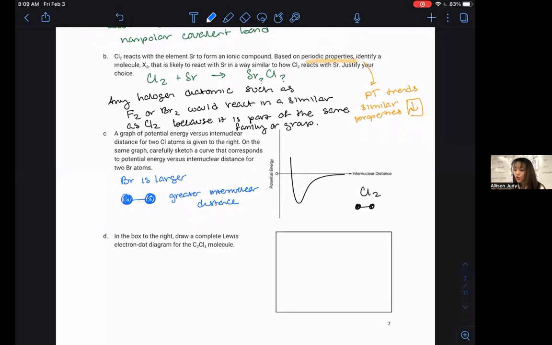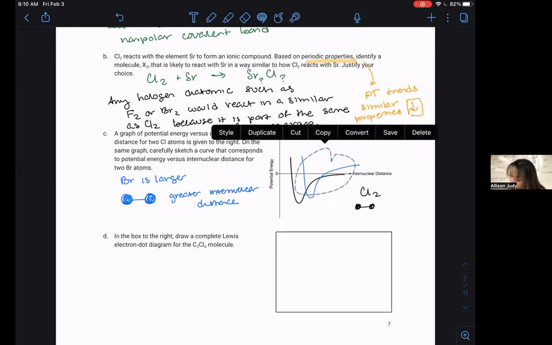So it's going to shift over more to the right, so the points of potential energy being achieved occur at a slightly greater distance between them. So what you'll probably get is something like this, a curve. And the curve might also be a little higher. Oops, I think I have to redraw it.